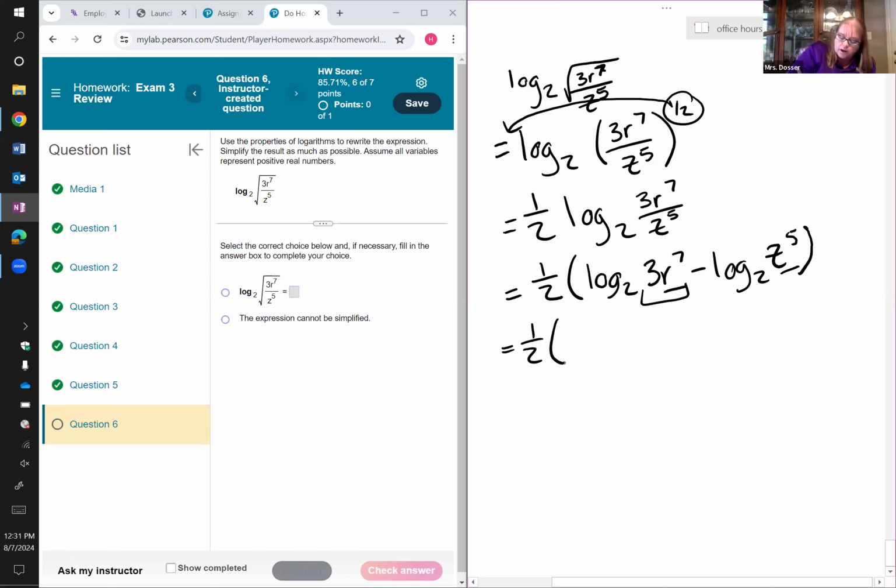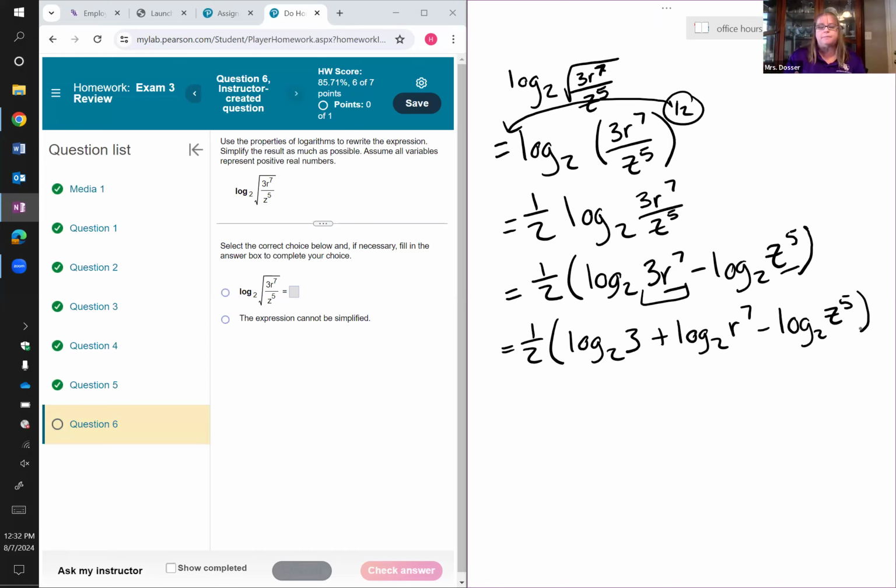And then using our product rule, we end up with log base 2 of 3 plus log base 2 of r to the 7th. And then we still have minus log base 2 of z to the 5th. Again, you can go ahead and multiply everything by 1/2, or you can leave it as 1/2 and then parentheses indicating that everything is multiplied by 1/2.